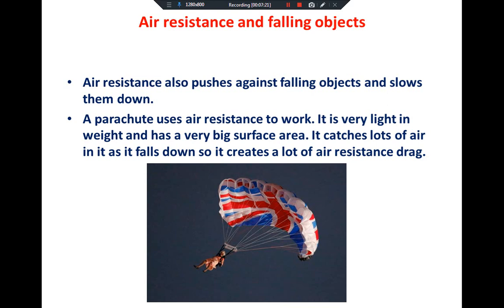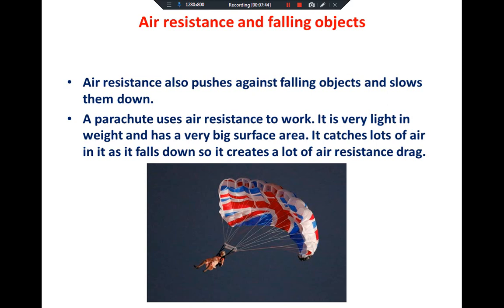the moving objects. Let's see what happens to the falling objects. Air resistance also pushes against falling objects and slows them down. A parachute uses air resistance to work. It's very light in weight and has a very big surface area.